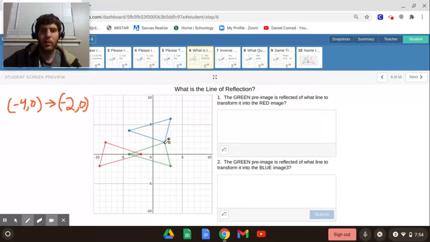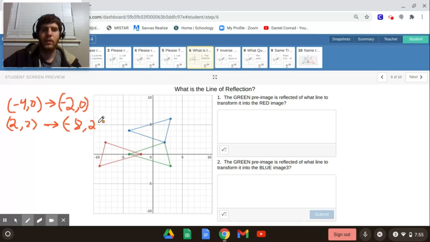Then we can pick one more here. This is 2, 2 on the green, and that goes to negative 8, positive 2.